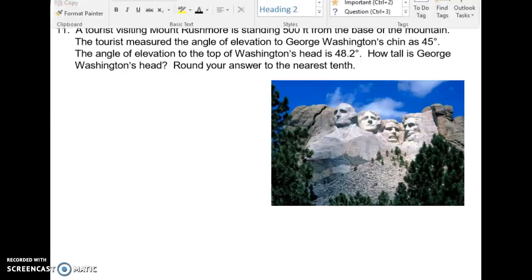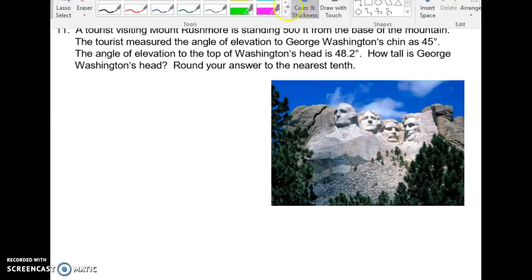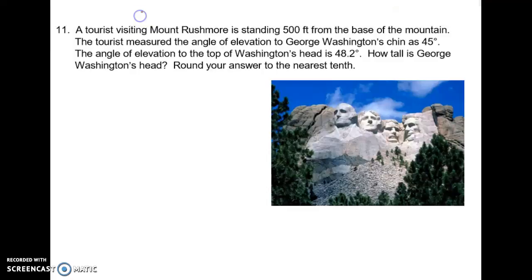So let me set up a first triangle here. Let's pick red, and that'll be to the chin. So we've got this first triangle here. Our observer is going to be 500 feet away from the base of the mountain, so we'll call that 500 feet. And the angle of elevation for that first one is 45 degrees.